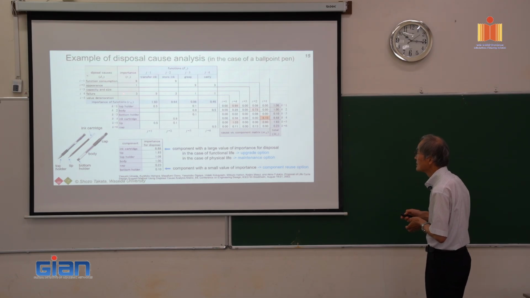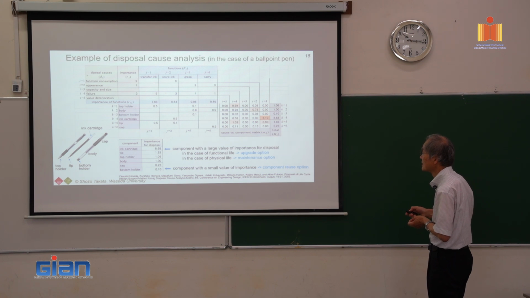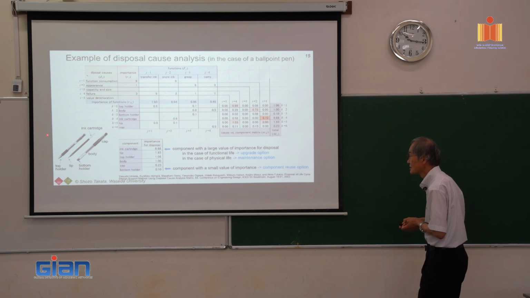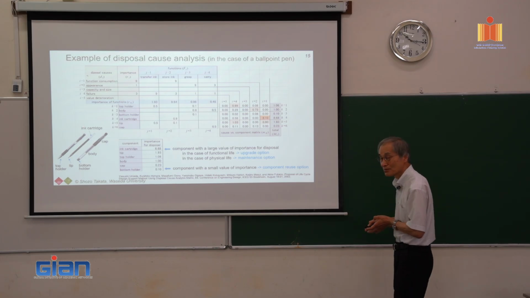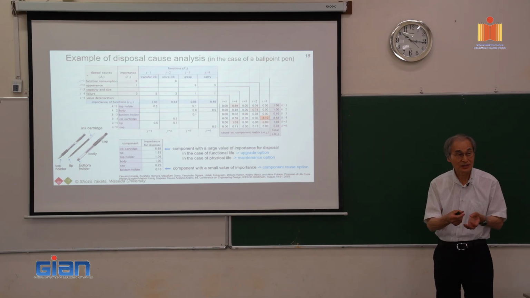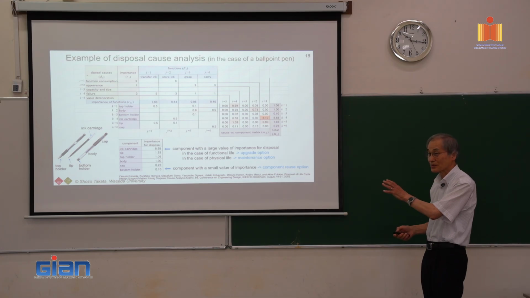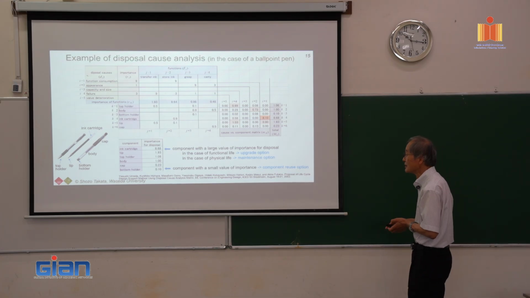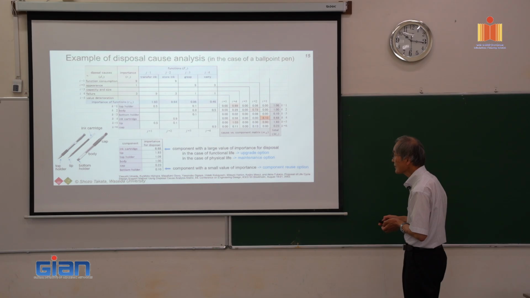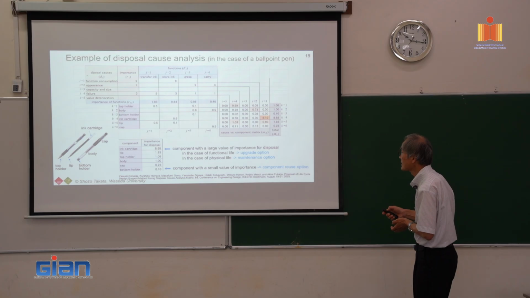And this weight is transformed to the weight of the functions. This is the case of the ballpoint pen. Just for the explanation, this is quite a simple product. The functions are transfer ink, store ink, grasp, carry.